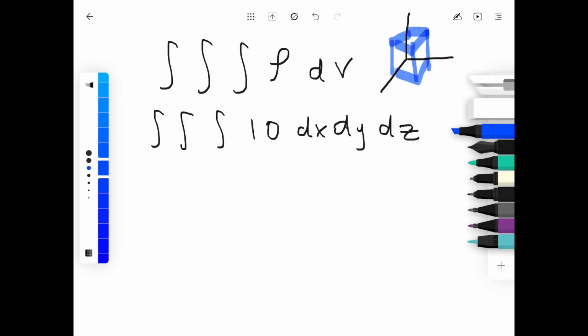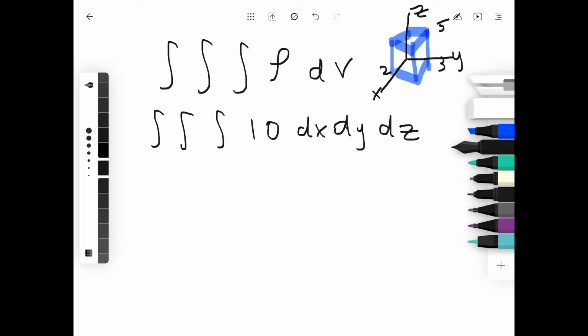Imagine a rectangle of some sorts, and say that the x value is bounded by x equals 2 and bounded by z equals 5 and y equals 3. So looking at this now, we can start setting up the bounds for our integral so we can solve it.